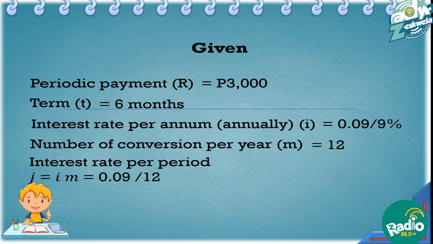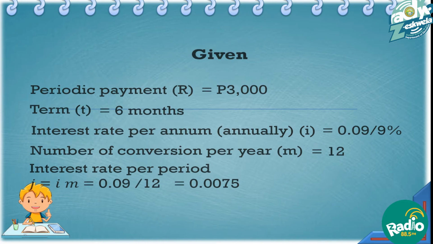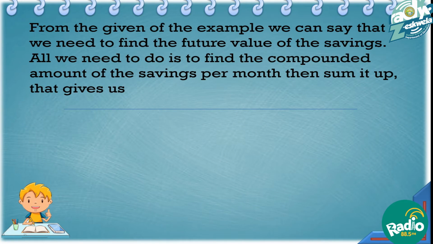The interest rate per period, represented by j, is given by i over m. So that is equal to 0.09 over 12, and that gives us 0.0075.